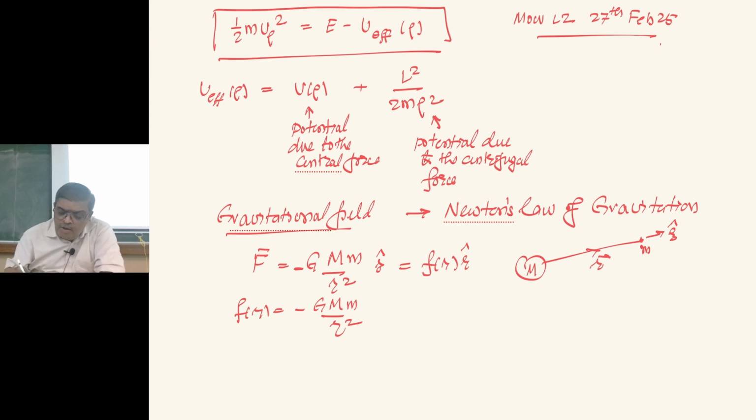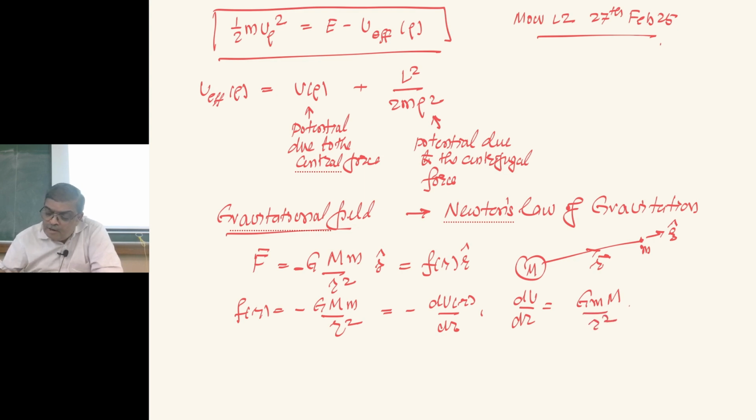So f of r is equal to this, and remember we can define the potential due to this force for a central force as minus dU of r by dr. So what do we get then? I'm going to find that dU by dr is equal to G M m by r squared. But this can be written as minus d by dr of G M m divided by r, because the derivative of 1 by r is minus 1 by r squared.